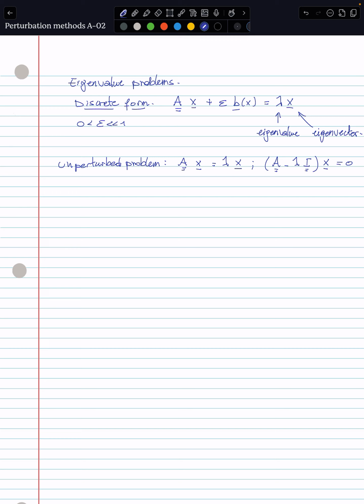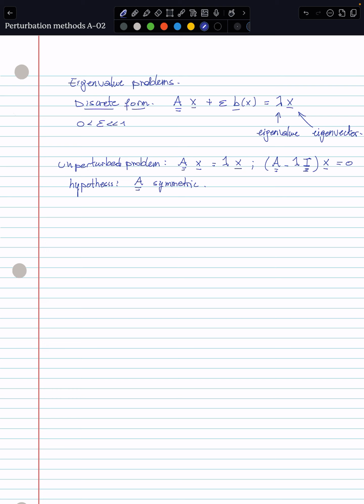So in the unperturbed case, we assume that the problem is solvable, and we can solve eigenvalue problems. To start with, there's a hypothesis here, which is that A is symmetric. If it was not the case, we'll discuss a little bit later what happens.